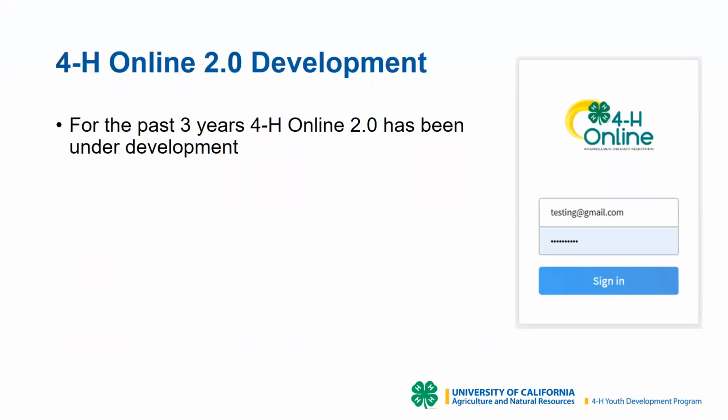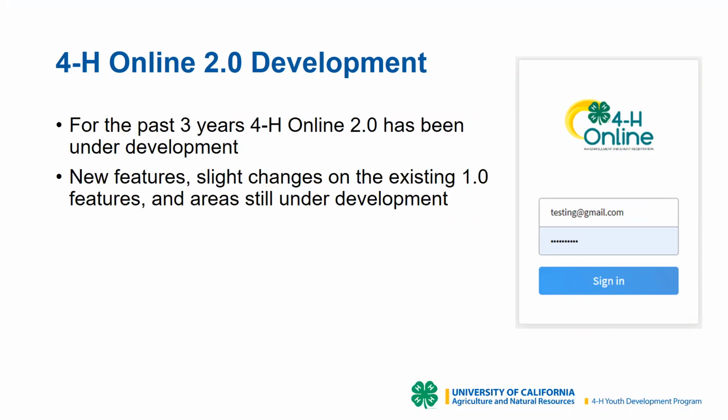For the past 3 years, RegMax, the company that developed 4-H Online 1.0, has been working on a major update to the enrollment system. The updated system has many new features, and slight changes on the existing 1.0 features, in areas still under development.